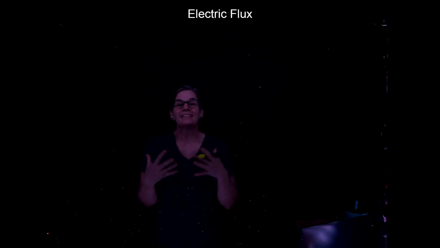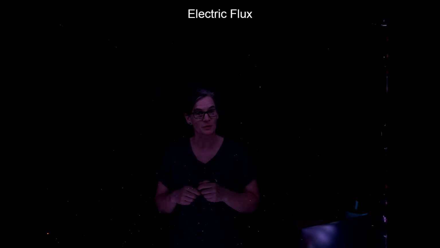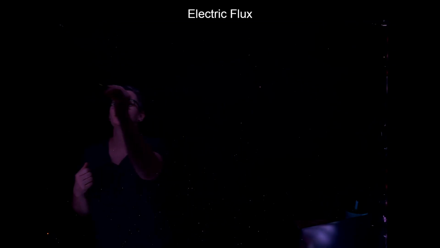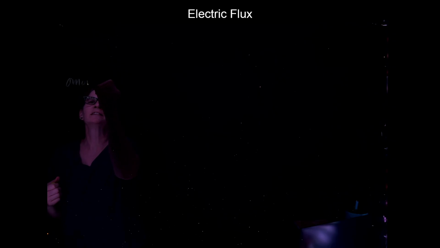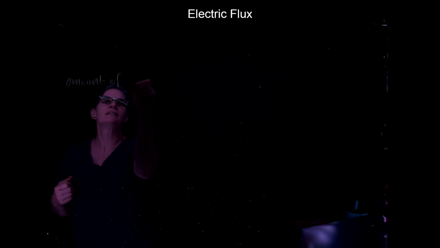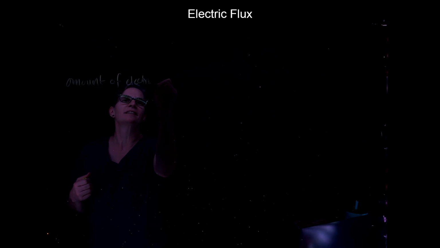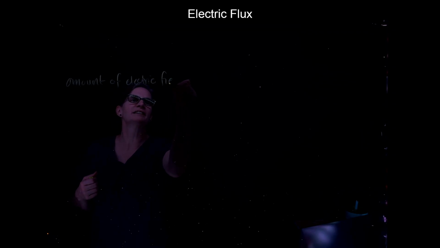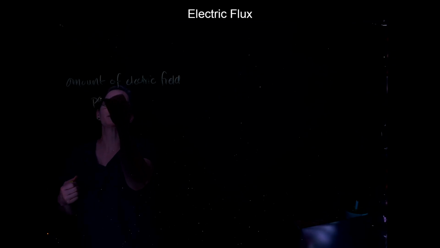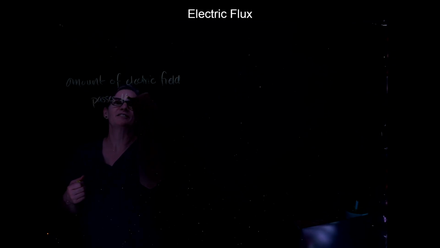Okay, so this mini lecture is going to introduce the idea of electric flux. Now, electric flux is simply described as the amount of the electric field that passes through a surface area. So the amount of the electric field that passes through a given area.